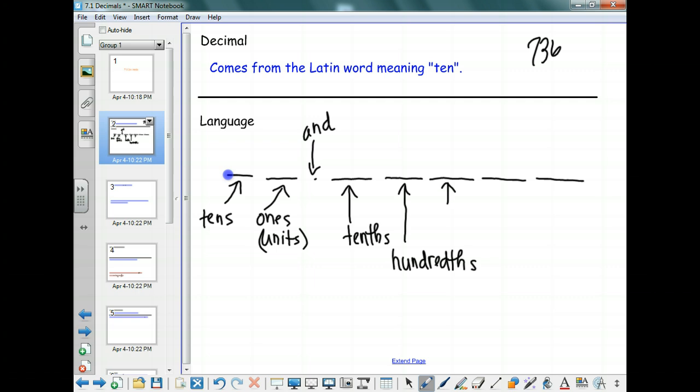Next, thousandths. And then ten-thousandths. And the last one, that I've got up there anyway, will be what? Hundred-thousandths.